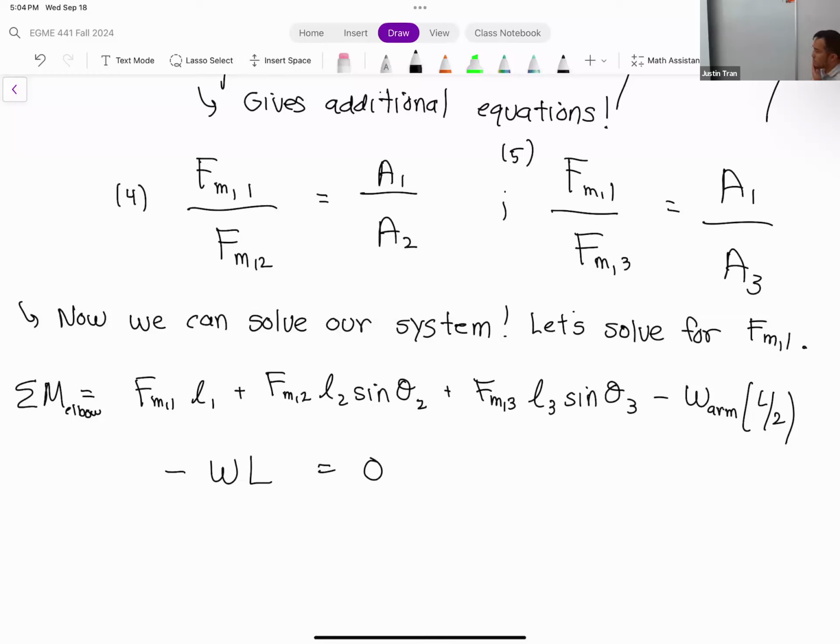This equation has three unknowns, which are the three muscle forces.